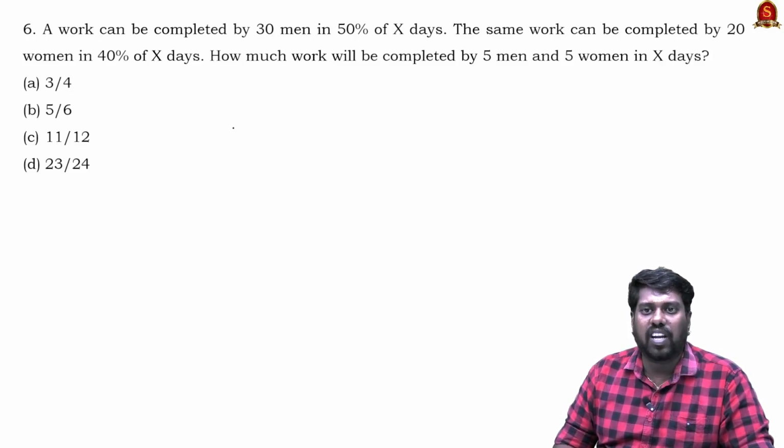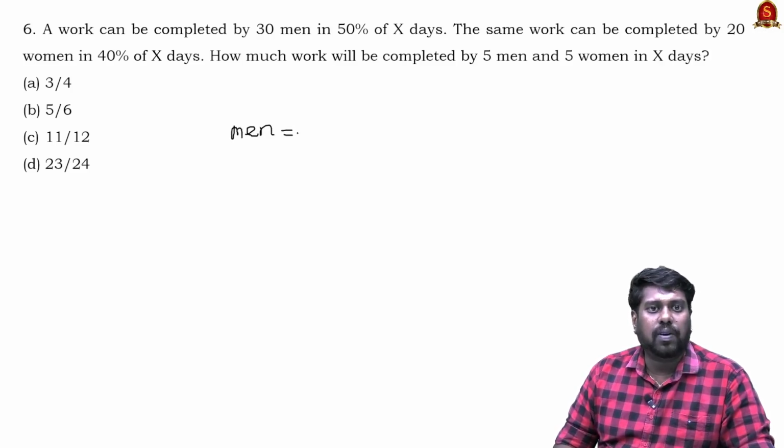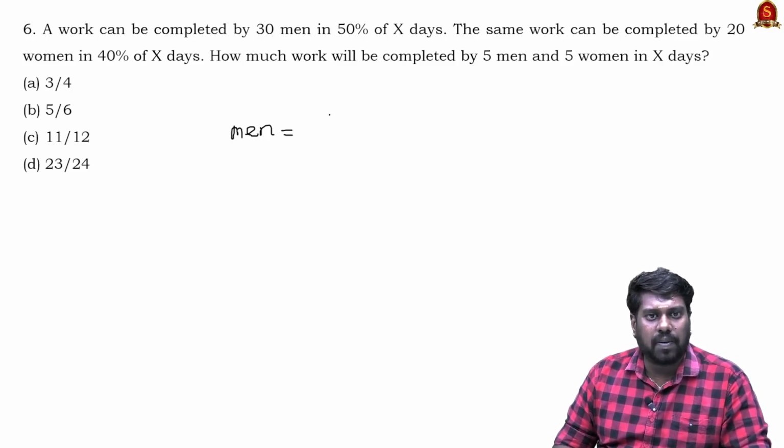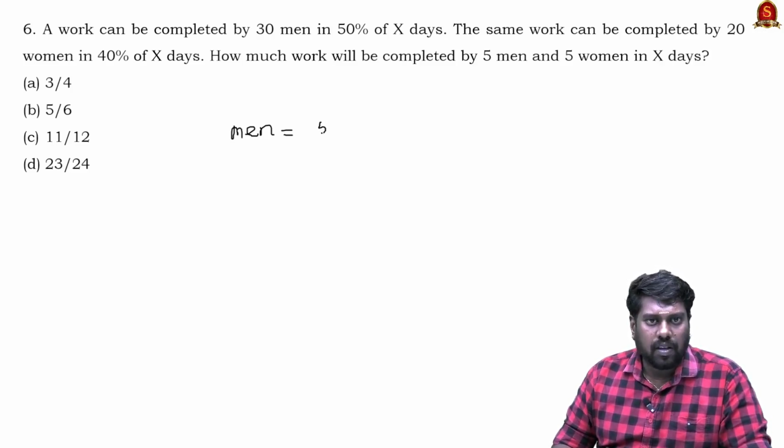From this you can arrive at how many men are required on average. 30 men can complete the work in 50% of x days. So how many men will be required to complete the actual work? 50% means 50 by 100 into the present workers, that is, the number of men is 30. So what is 50% of 30? Equal to 15, that is all.